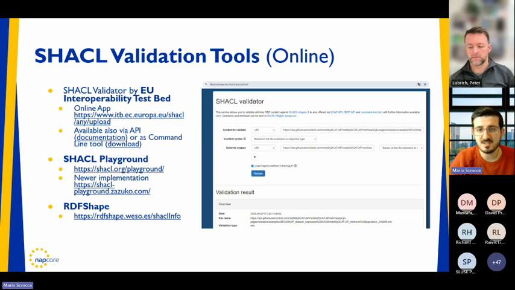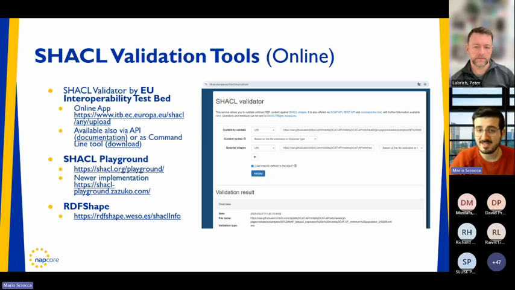It is part of the EU interoperability testbed and is made available both as an online app via API, but also has the possibility of being run as a command line tool. And you find here all the links that may be relevant. You see on the right a picture of the interface that can be used for running it online.